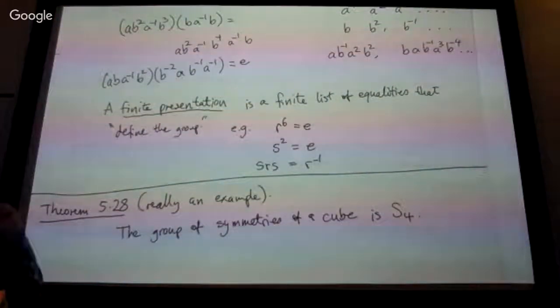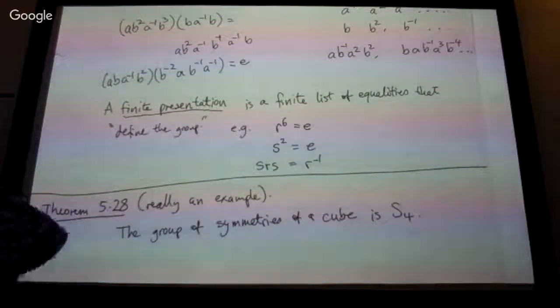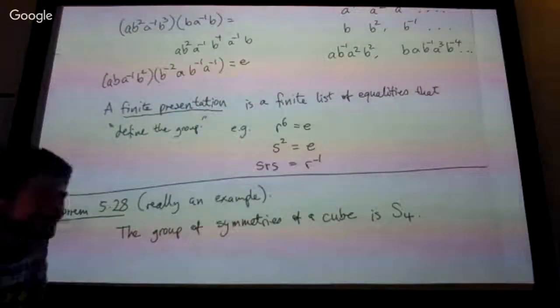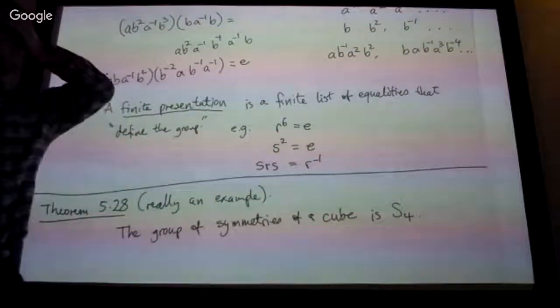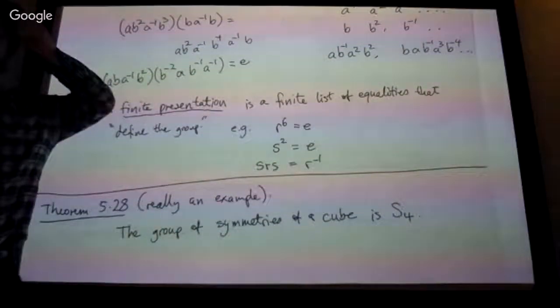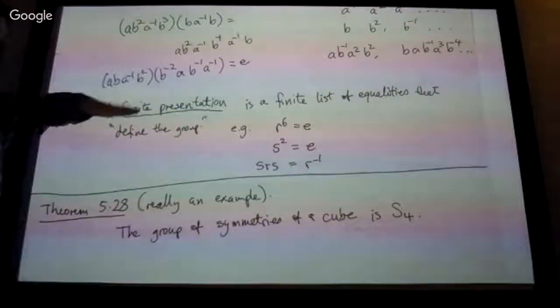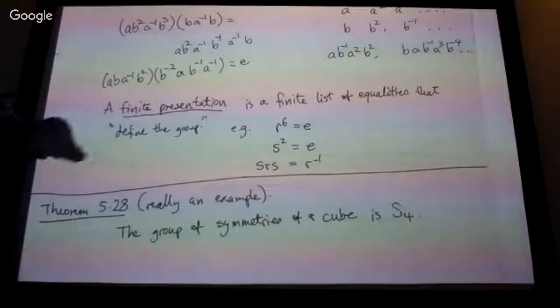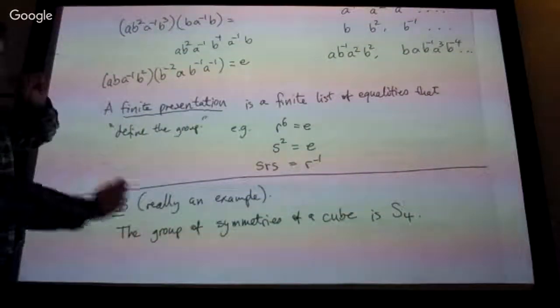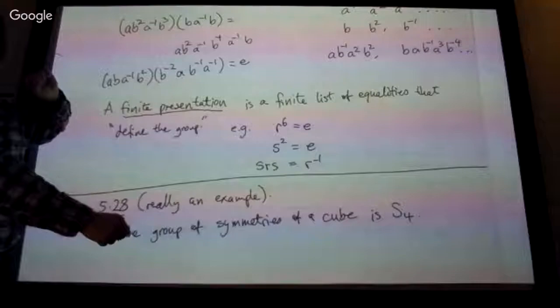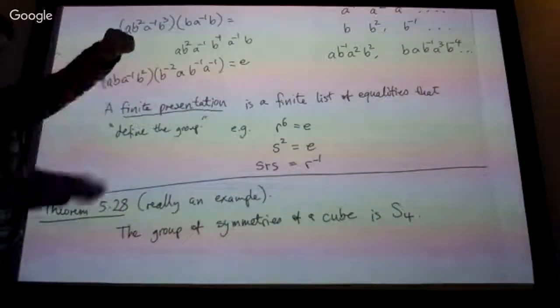Except what it does is, when you look at the cube, the cube has 4 diagonals. You look at, for example, the top square, and from each vertex of the top square, you go to the opposite corner.